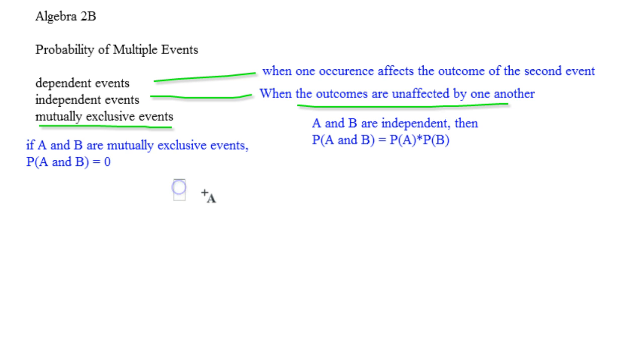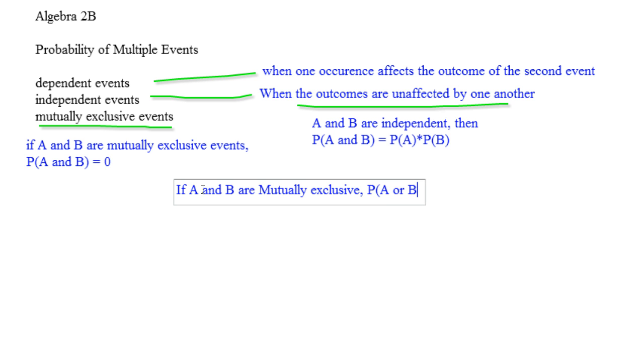Okay, now what about the probability of A or B? So if A and B are mutually exclusive, the probability of A or B happening is equal to the probability of A plus the probability of B. Okay, let me make that a big A. There we go.